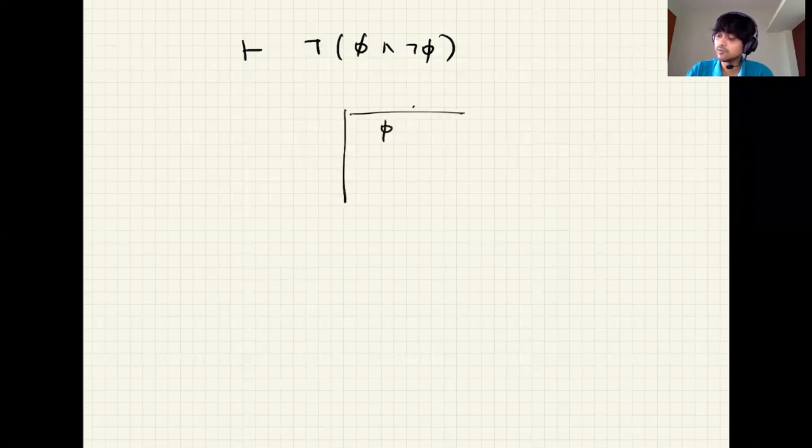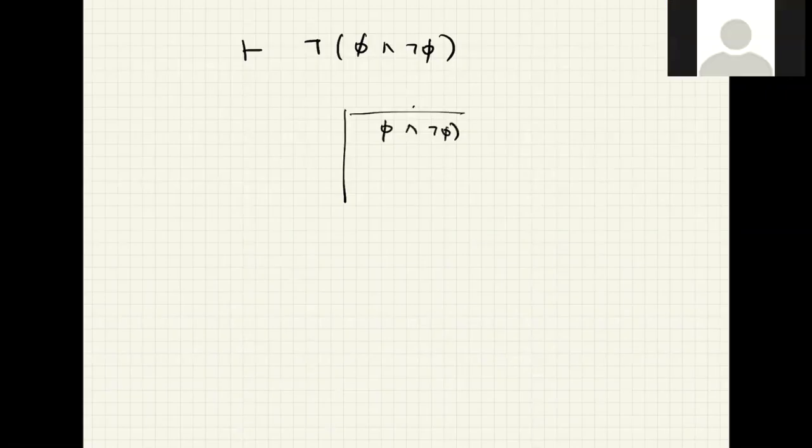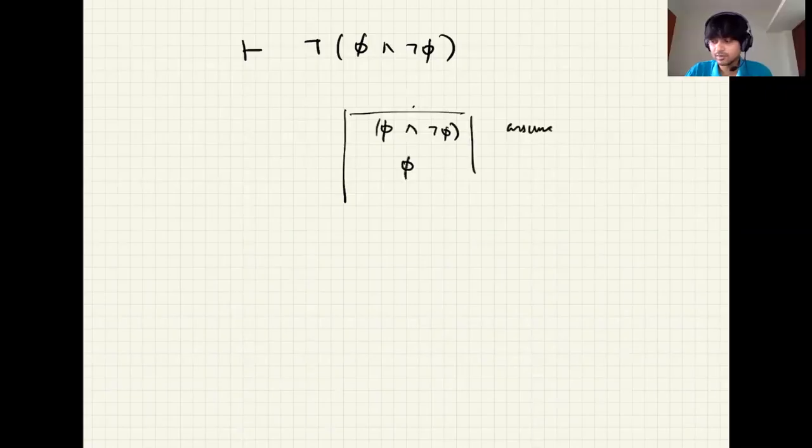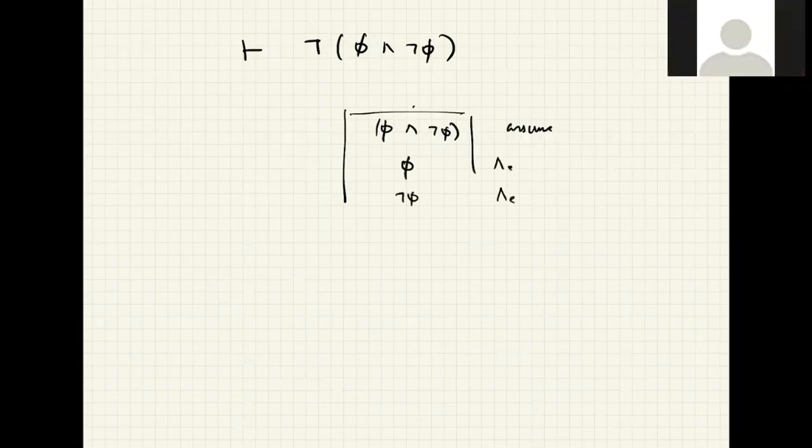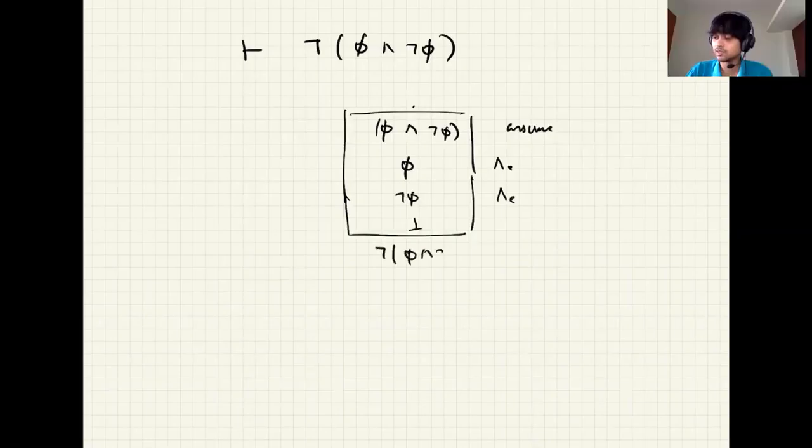If I have phi and not phi, let me assume this. I have phi by AND elimination, and I have not phi by again AND elimination. I get a bot, which means not of (phi and not phi) is derivable.